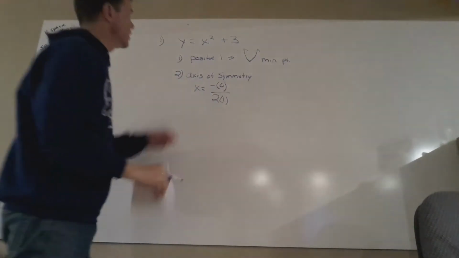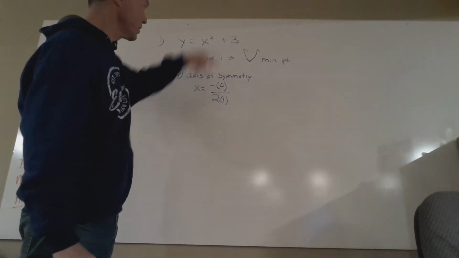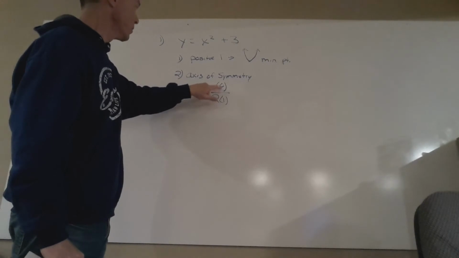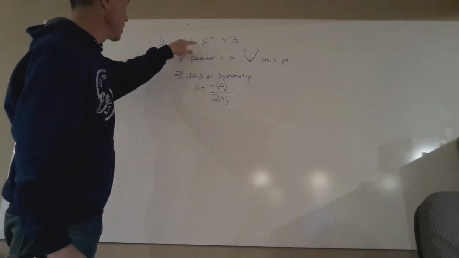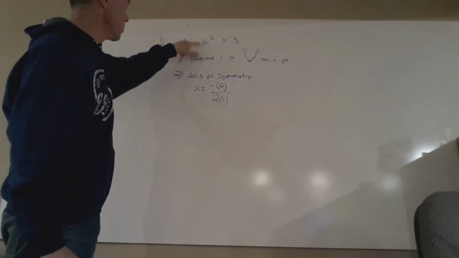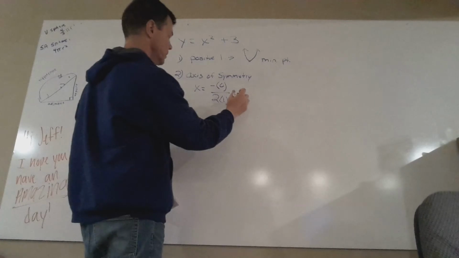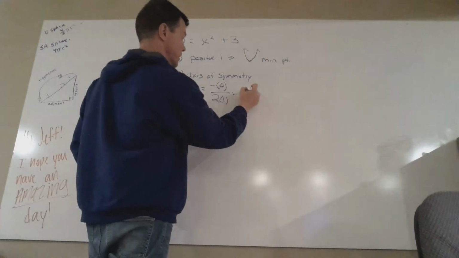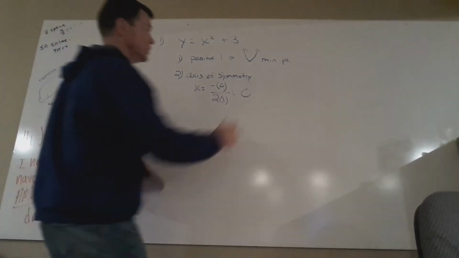I got 0 because where I would have an x here, it would be 0x. That's why my b is a 0. My a is going to be a 1 because there would be a 1 in front of this x squared. There's only 1x there. And simplifying this, axis of symmetry is x equals 0.